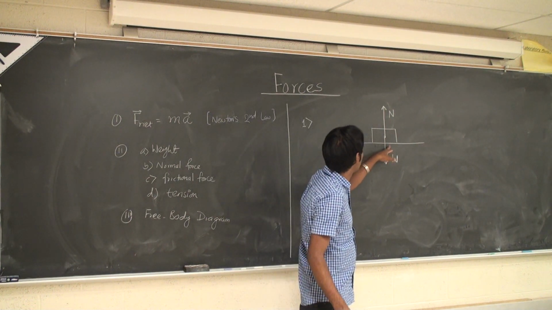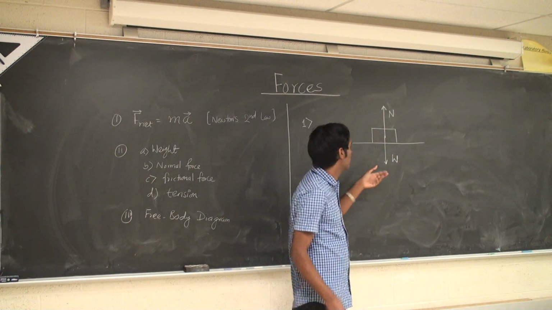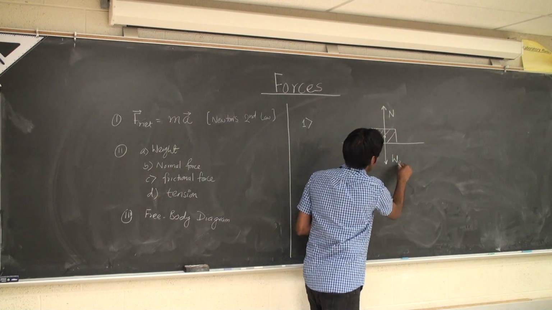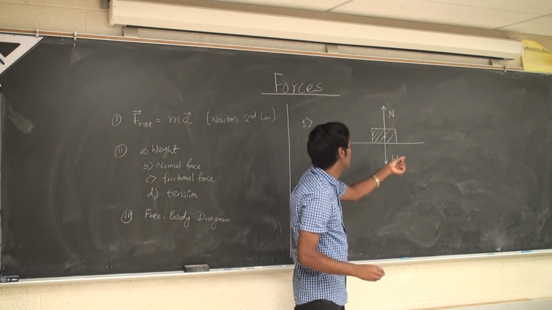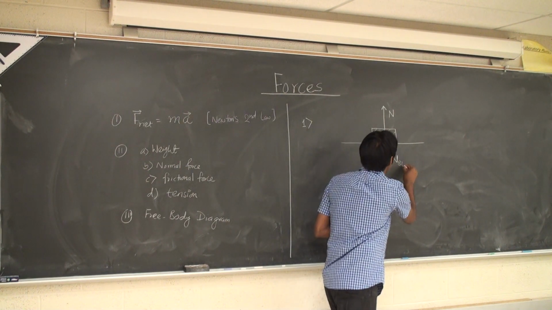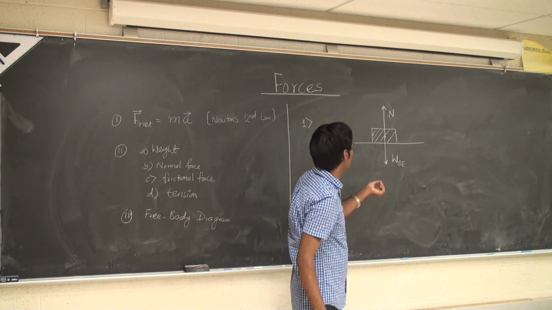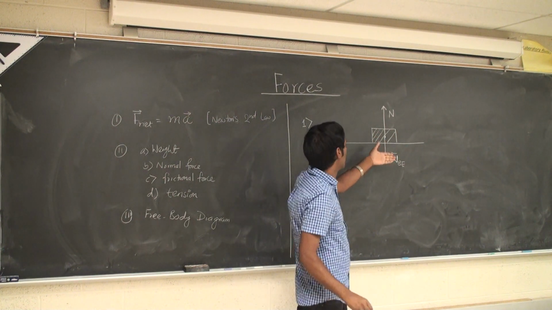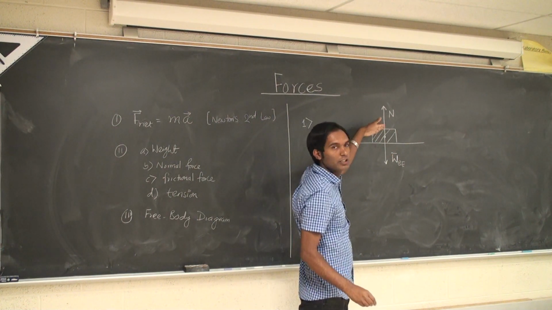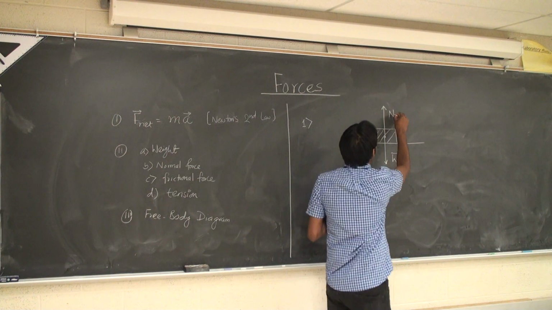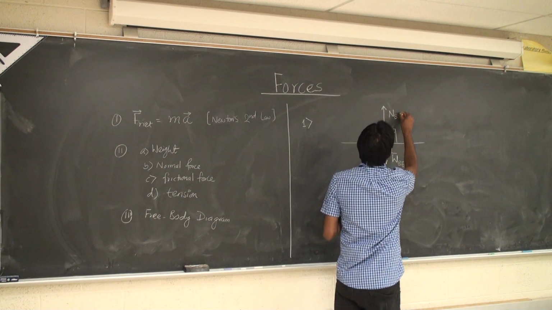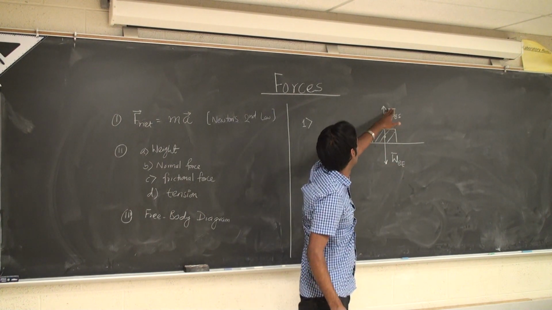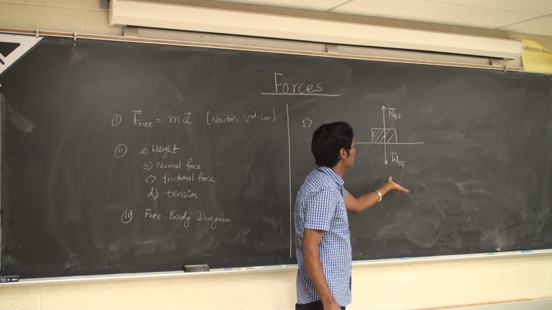The weight is acting downward, the weight of the box, B for the box, due to the earth, due to the gravity of the earth. So we write W_BE, and the normal force is the normal force on the box due to the surface. These are vector quantities, so I write the vector notation for both the normal force and the weight.